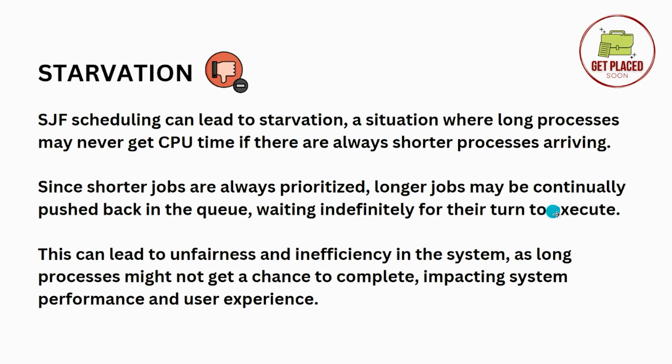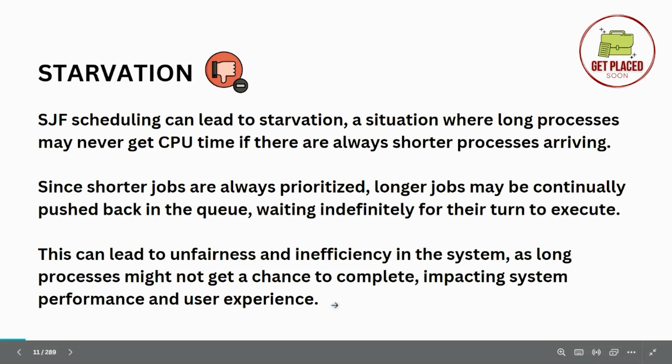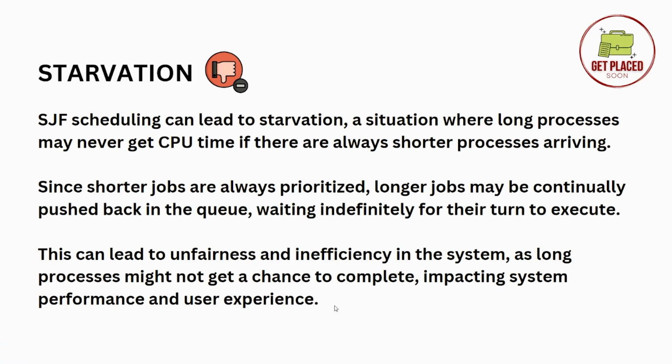The longer jobs which are pushed back in the queue are being starved. This is the term we give for waiting continuously. This is totally unfair and inefficient for the system, because the longer process may be an important process and will sometimes not get the chance to execute. So this is the main disadvantage of shortest job first.